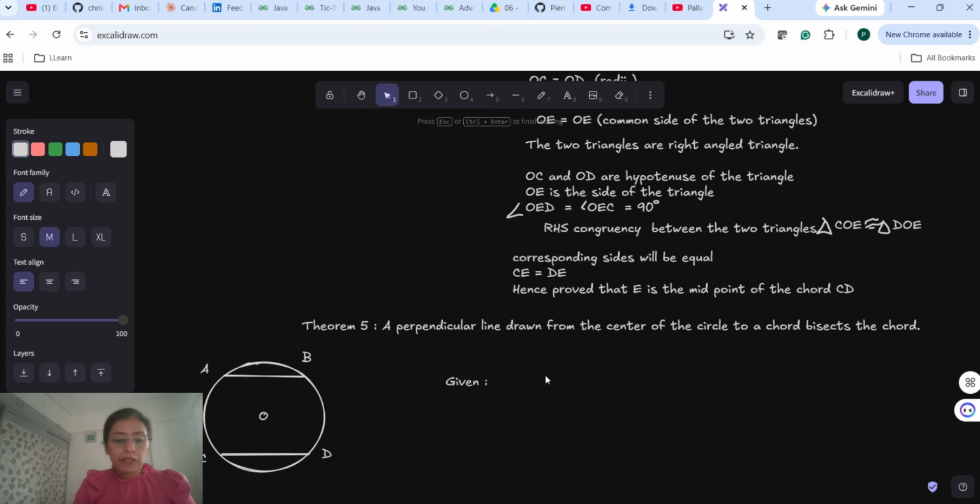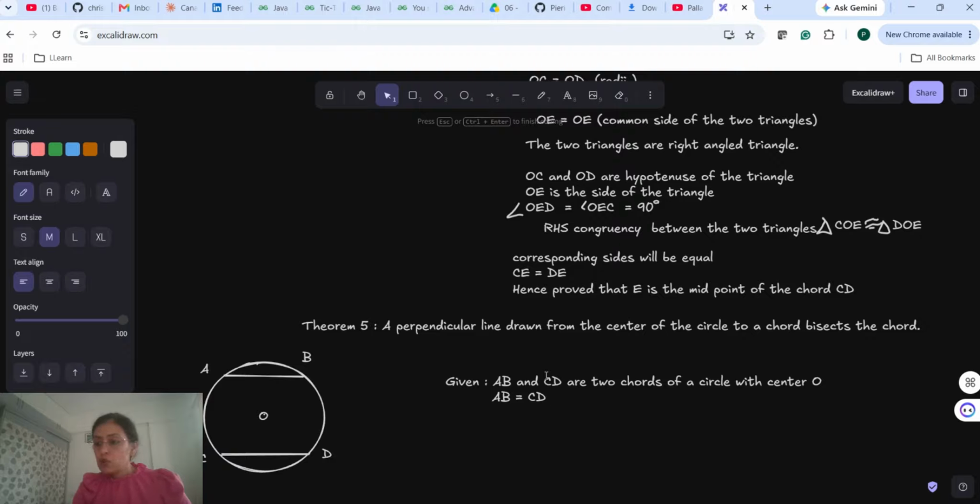We have been given AB and CD are two chords of a circle with center O. What else are we given? The other thing given to us is AB is equal to CD. So what we are saying is the length of the two chords is equal.